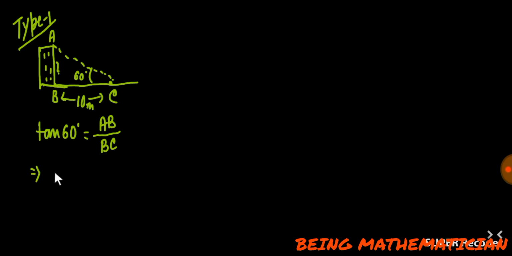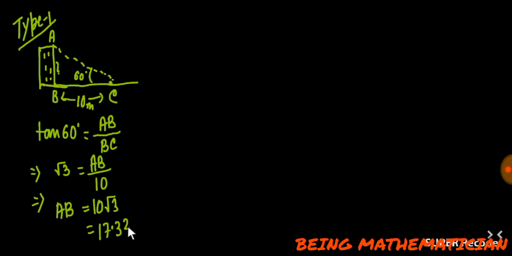And we know that tan 60 is root 3, so this will be AB by 10, and AB is equal to 10 root 3, which is approximately 17.32 meters, where root 3 equals 1.732.